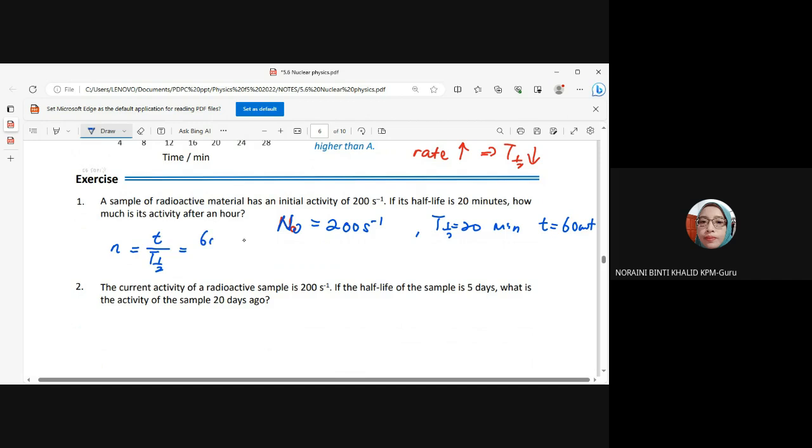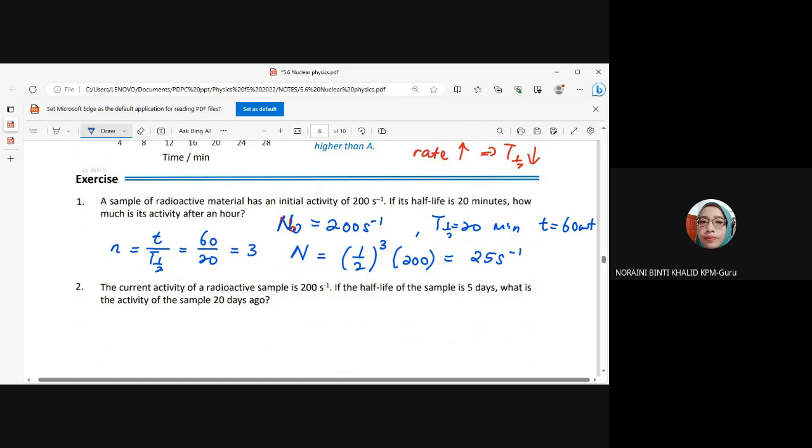So 60 divided by 20 is 3 half-lives. If I use the formula, I just use it like this: half to the power 3 times 200, which is 200 divided by 8. I will get 25 s^-1. This is using the formula.